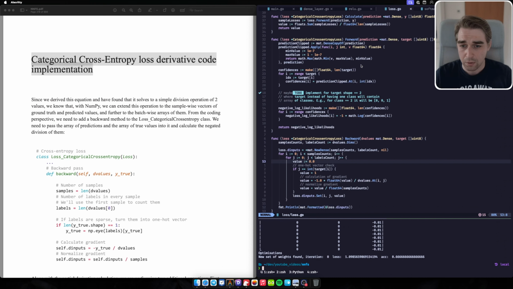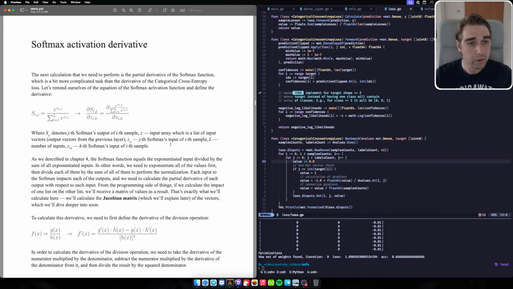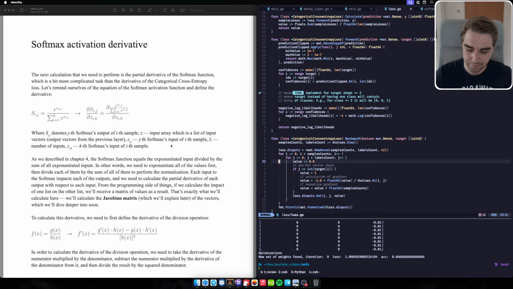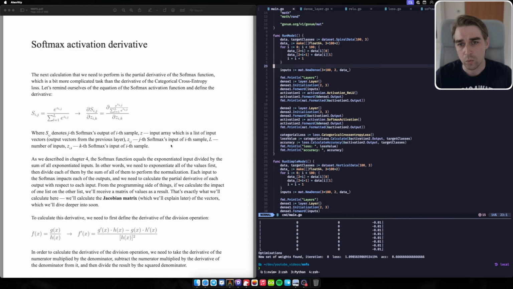So it's the same. And today I'm going to take a look at the softmax activation. If we take a look at one of the simple models that we created, for example, this one, we have the first layer, we have the ReLU activation function, for which we already implemented the backward pass.